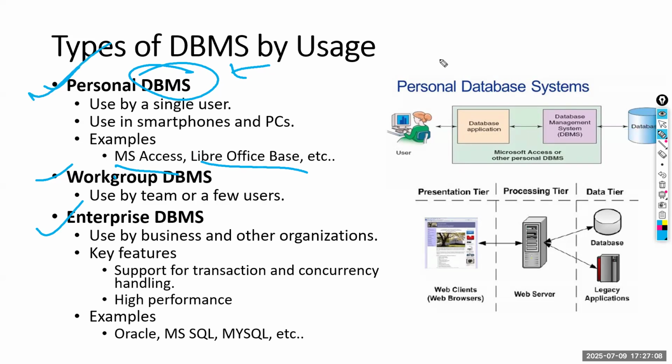A workgroup database means a set of people use that database, but not a large number of people, maybe two, three, four, as a team or work group. So then you need a bit more security and a bit of transaction handling. Not very serious, but a little more serious than a personal database, because multiple users can access, but few users.